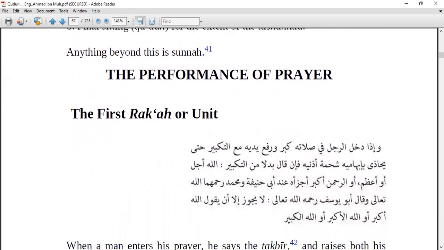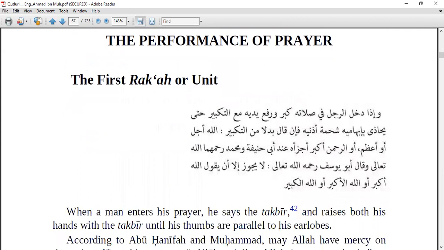Now he's going to talk about how the prayer is performed, the actual method of performing the prayer, right? Keep in mind that the method he's mentioning over here is how a man should be praying, right?